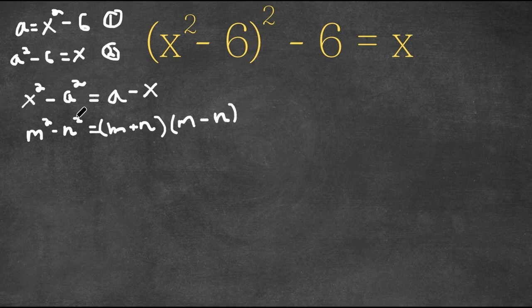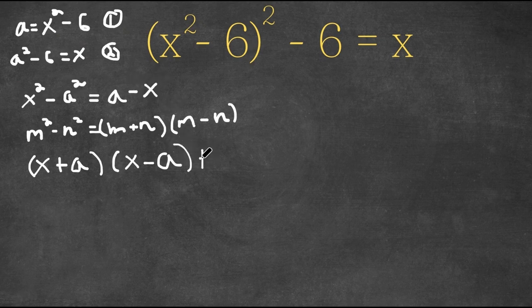Meaning x squared minus a squared is equal to x plus a times x minus a. And now if I add x on both sides, we would get plus x, and if I subtract a on both sides, we would get minus a, and because there's nothing left on our right hand side, we would simply have 0.